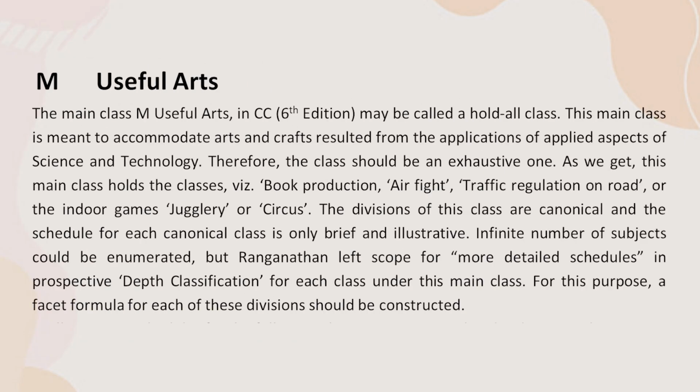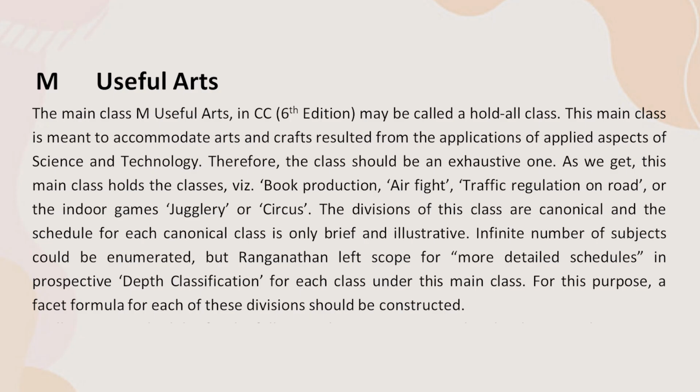Now we discuss the basic class useful arts, which is denoted by the digit capital M. The main class M useful arts in CC 6th edition may be called a hold-all class. This main class is meant to accommodate arts and crafts resulted from the application of applied aspects of science and technology.